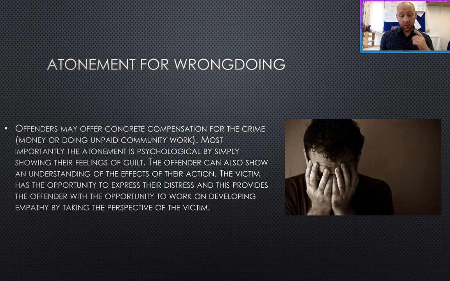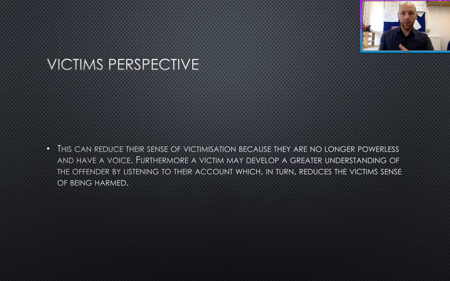They also understand the effects of their behaviour on the victim, and the victim has the opportunity to express their distress and how the crime made them feel. The offender can then work with the victim to develop empathy in this safe environment, and hopefully this will lead to less reoffending later on.